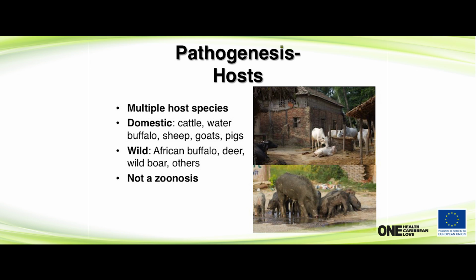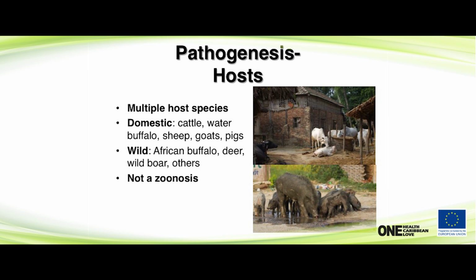Okay, so let's get back to the disease itself then. So first of all, thinking about the pathogenesis and what are the animals that get infected with foot and mouth disease and show the disease and spread the disease. The important point is that there are multiple host species, so that contributes to the difficulty for controlling the disease. So in terms of domestic species, cattle, water buffalo, sheep, goats, and pigs are all infected and transmit foot and mouth disease.